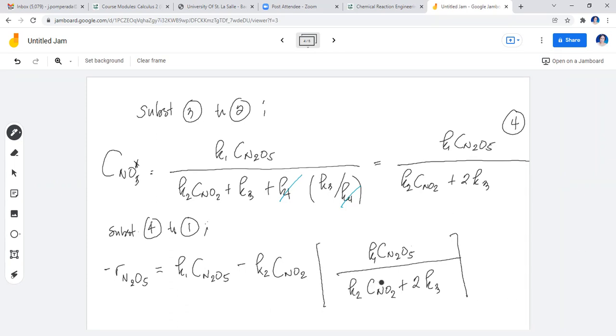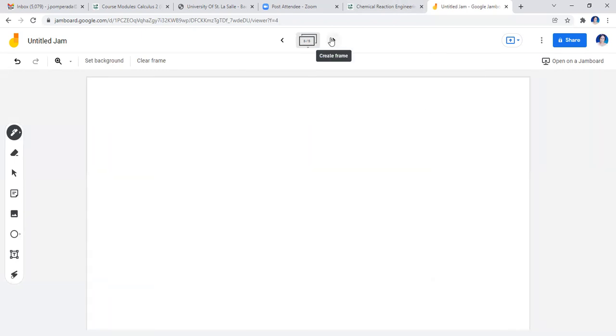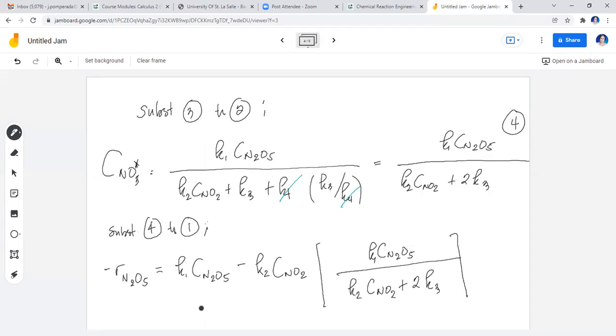We can simplify this. If you notice, we have K1 C concentration of N2O5 in both terms. So I can have it factored out. So the rate in terms of dinitrogen pentoxide is equal to K1 C N2O5. It will be multiplied to, we have 1 for the first term, if we factor out this one.